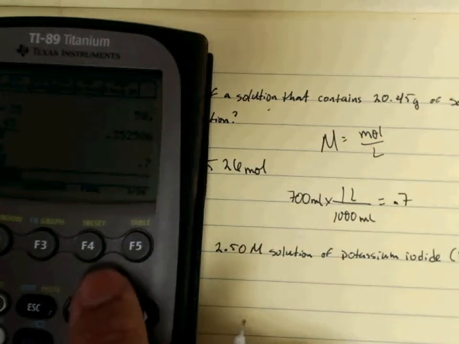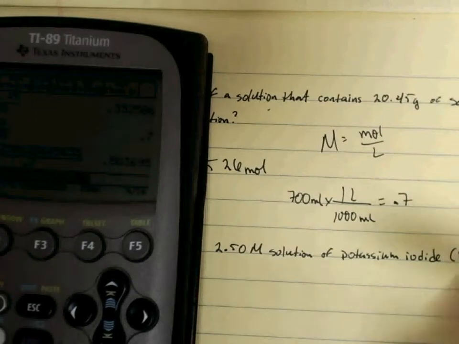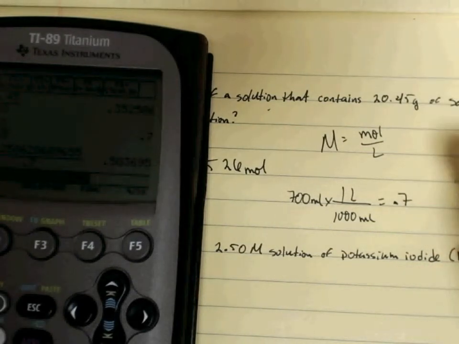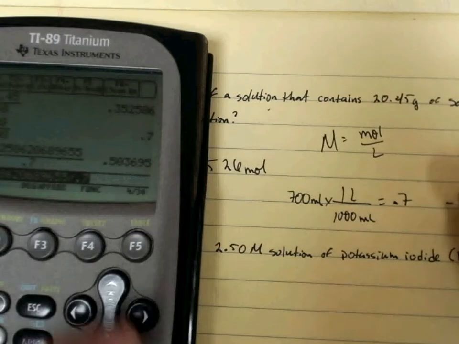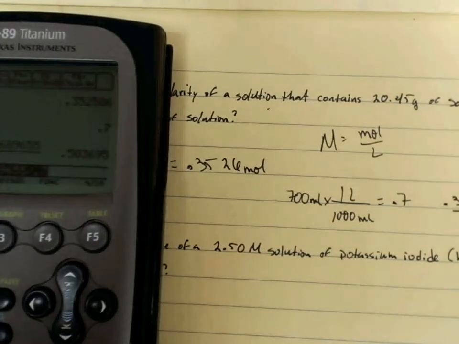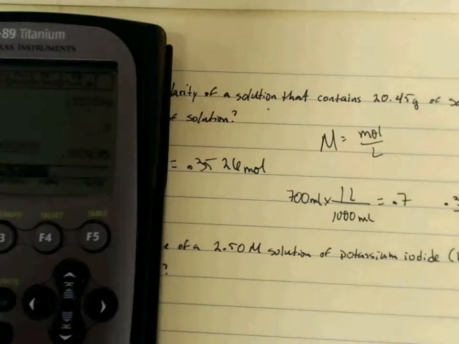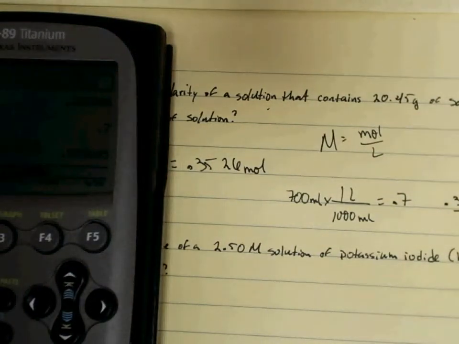So I can do this number divided by 0.7, and that gives me a molarity. 0.3526 divided by 0.7 equals 0.5037 molar.